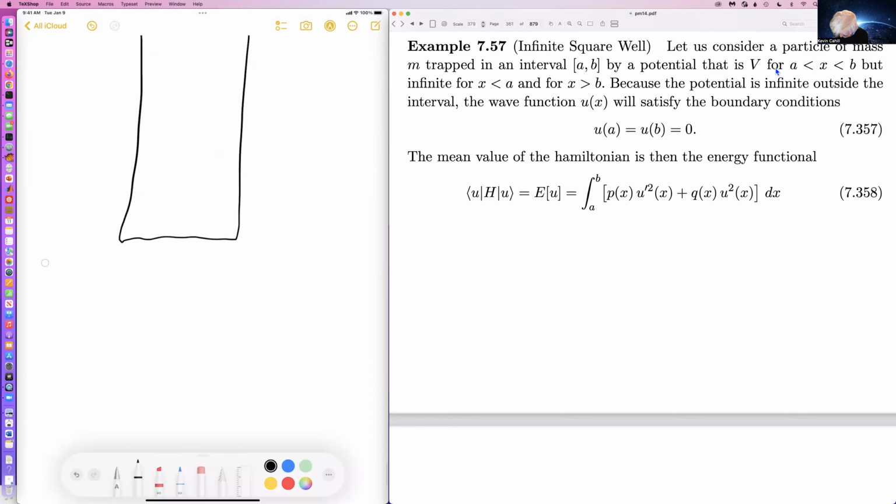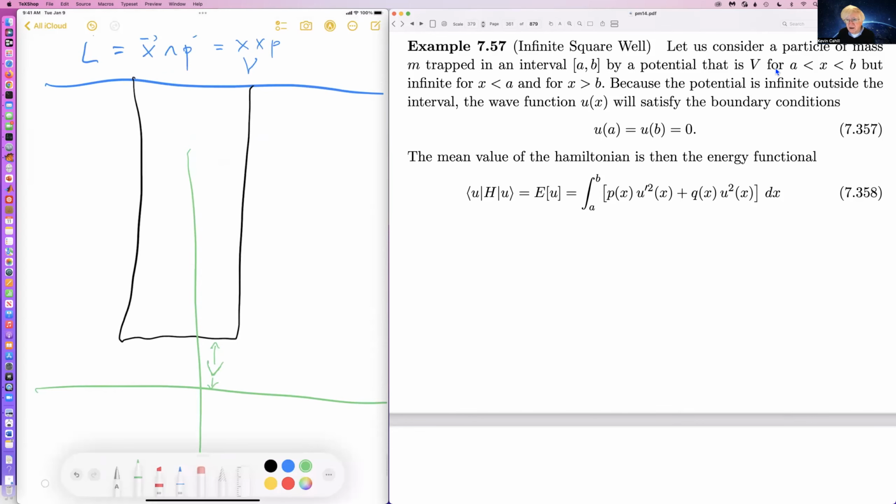So if we draw the axes like this, and this distance here is V, that's V. And on the other hand, the potential is infinite outside of that.